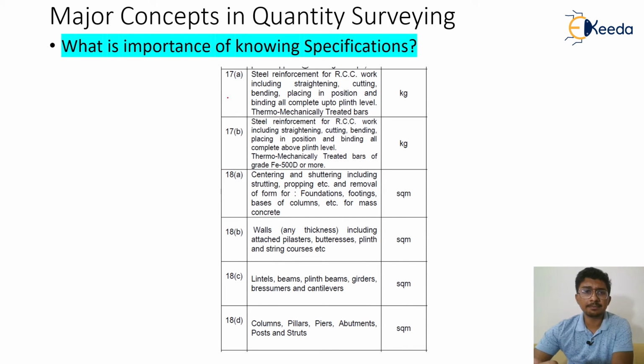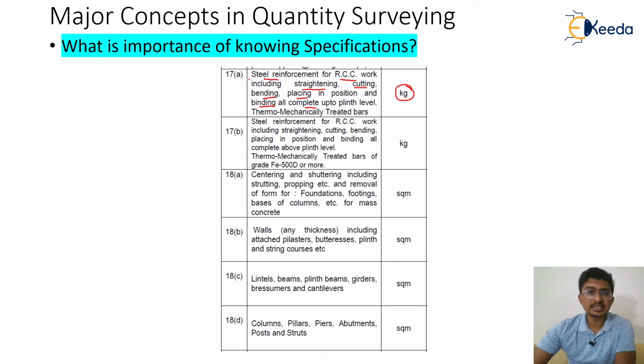This is a sample specification I have put over here. It clearly says steel reinforcement of RCC work, including straightening, cutting, bending, placing in position and binding, all complete up to plinth level, that is TMT bars, and the unit is written in kg.